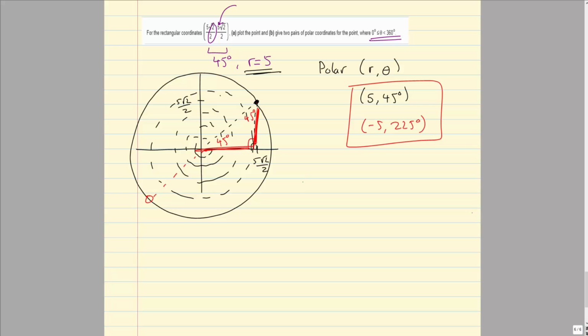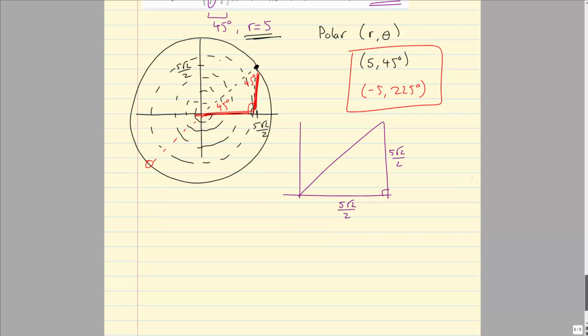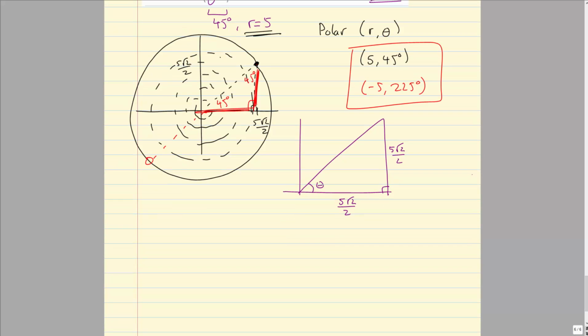Well, let's go ahead and just blow up this triangle right here and ignore everything else for now. So we know that this is a 90-degree angle. We know this is 5 root 2 over 2. We know this is 5 root 2 over 2. That's all we know. We don't know r technically. We don't know these angles. Okay, so let's clear our mind and think, we don't know what that is. Well, what we have here for theta then, we have tangent theta is opposite over adjacent, or y over x, however you want to think about that.